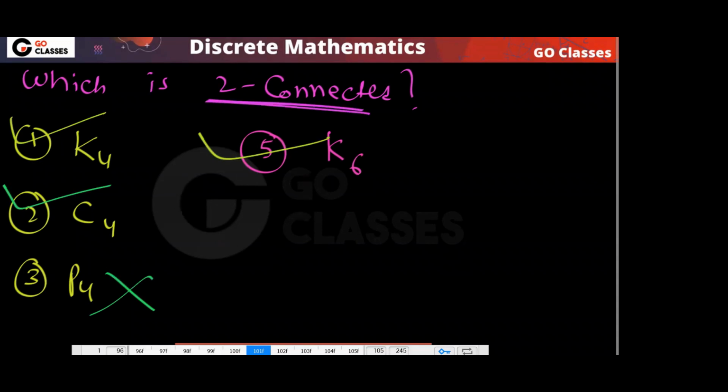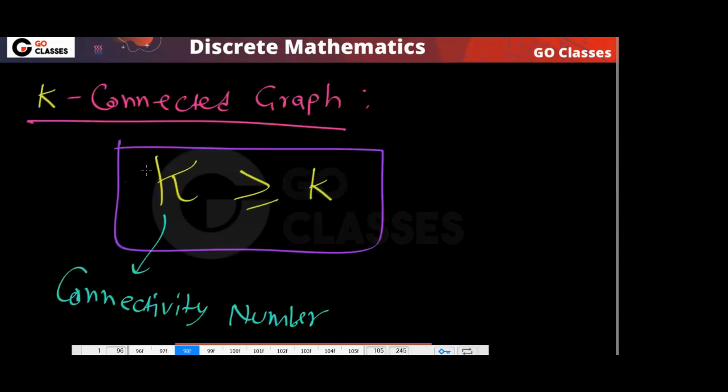K connected means connectivity number is greater than or equal to K. This is the idea of K connected.